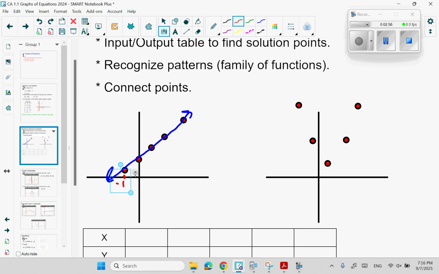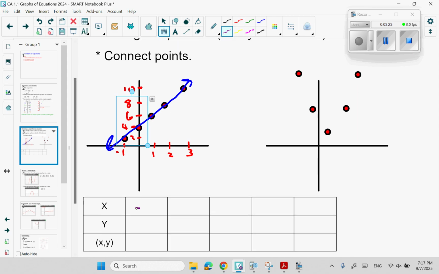Let's go -1, 0, 1, 2, and 3, and let's have this be 2, 4, 6, 8, and 10. I know these coordinates are not quite linear in nature, but it's all right.